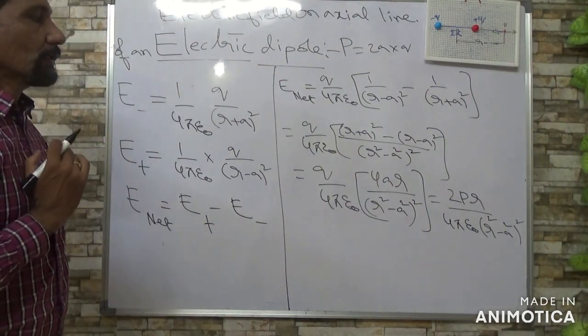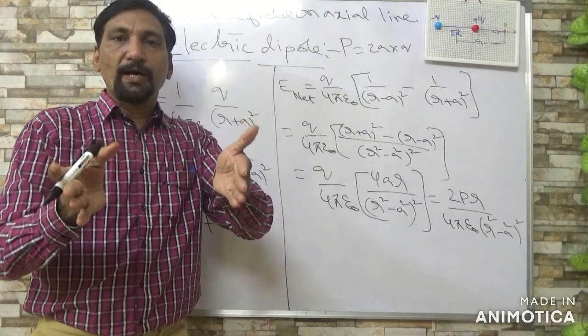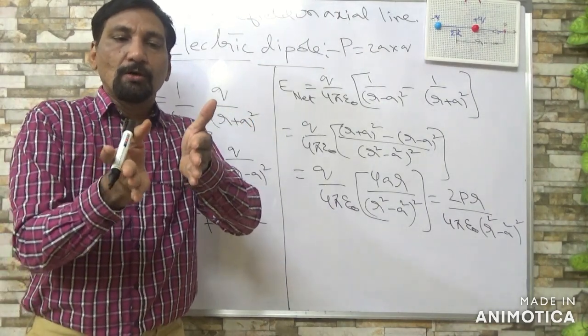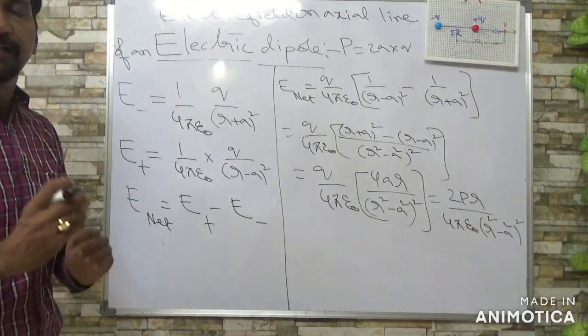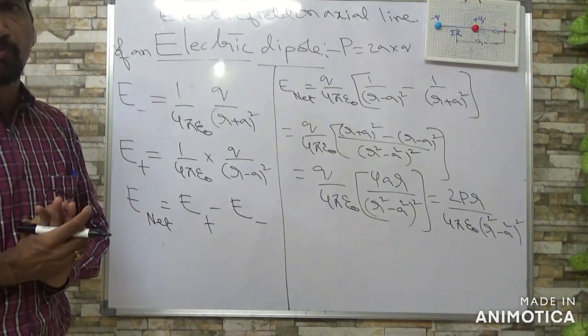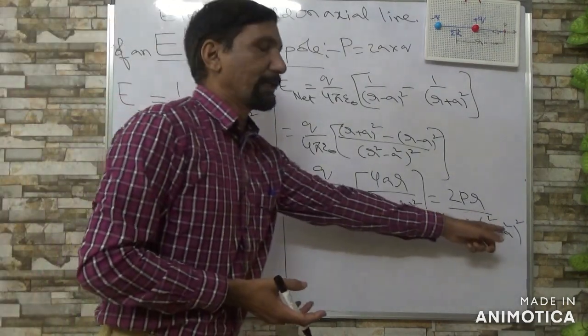Now, a dipole means two oppositely charged particles of the same magnitude separated by a small distance. That means it is very clear that a is very small, then a square is too small and will be neglected.